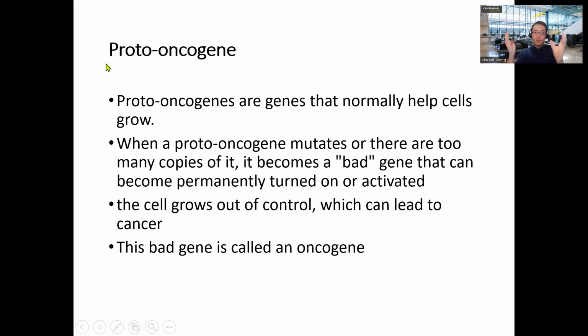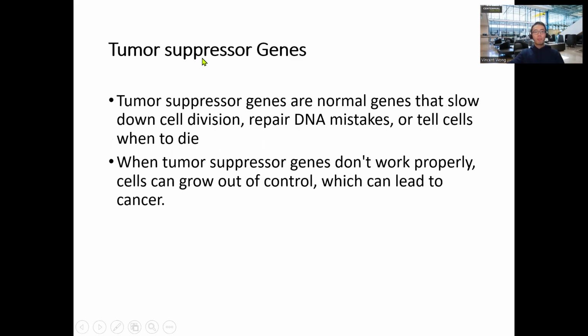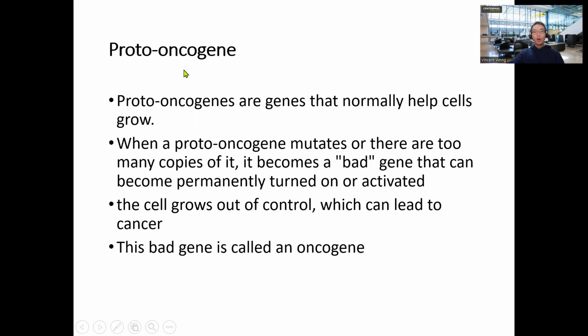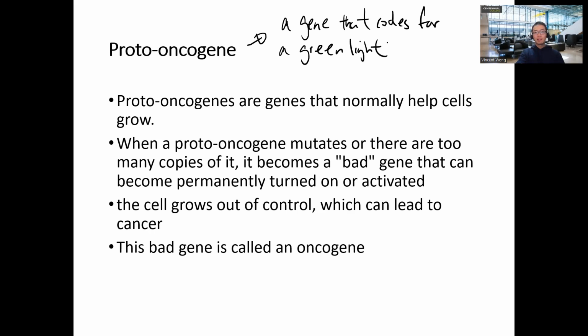There are two types of genes that we're going to be looking at. We have what's called proto-oncogenes, and the opposite of that is tumor suppressor genes. A proto-oncogene is basically a gene that codes for a green light protein. A gene is a segment of DNA, right?